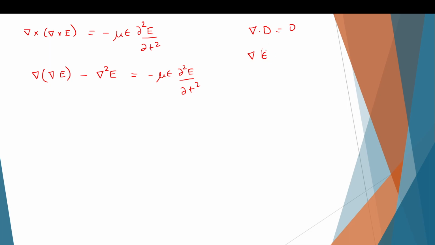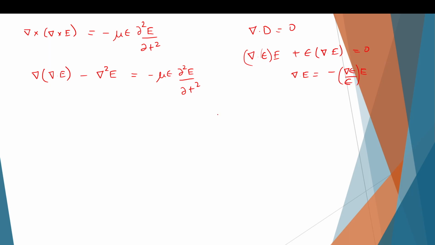Then this expansion might become del epsilon dot E plus epsilon times del dot E equal to 0, and then we can simplify to get del dot E equal to minus of... But all this we have to do only in the case when our epsilon is varying.